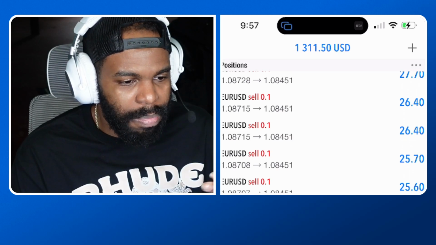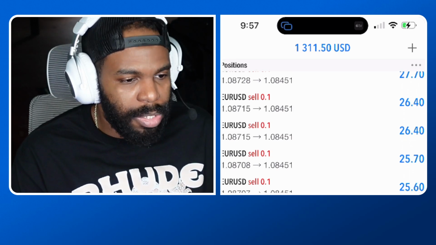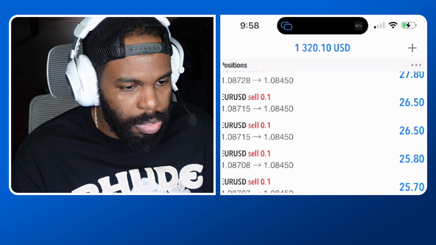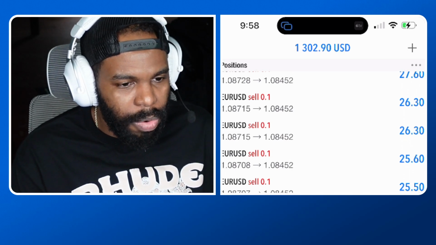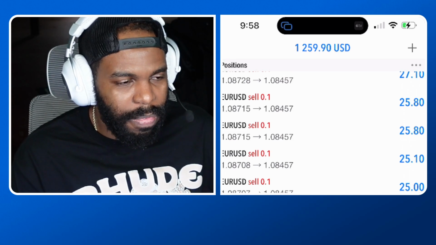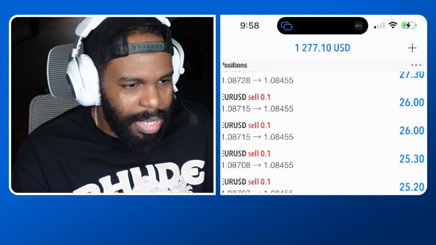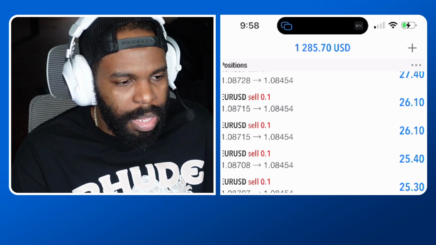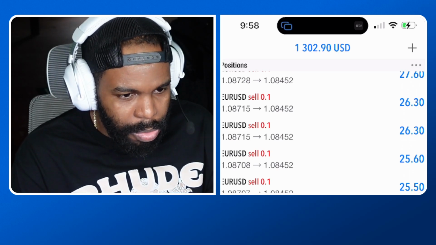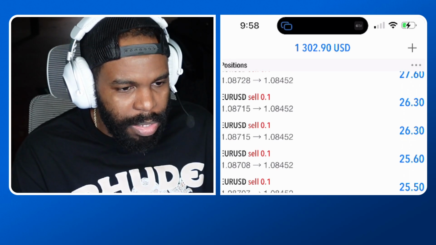The next 5 minutes, I'll get in another two trades. Now it won't get in trades if it's a bullish candle. If there's a bullish candle close, then the EA won't place another sell for me. But when there's a bearish close, the EA will get in another two trades.